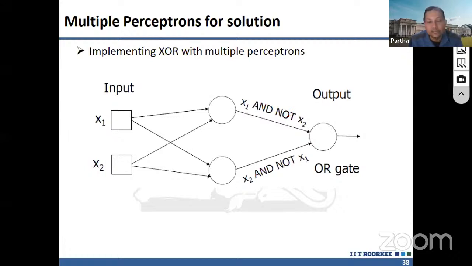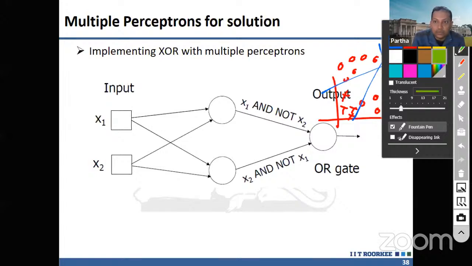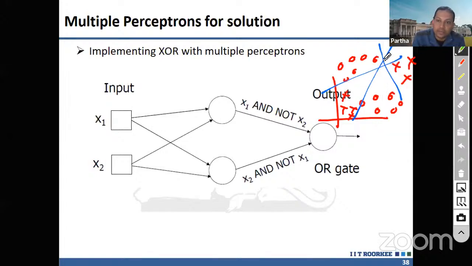We have one separator, one line which will solve this part, another separator which will solve this other line, and then finally both are combined by another line, and that gives you the answer.